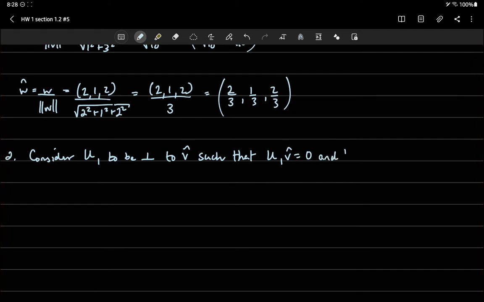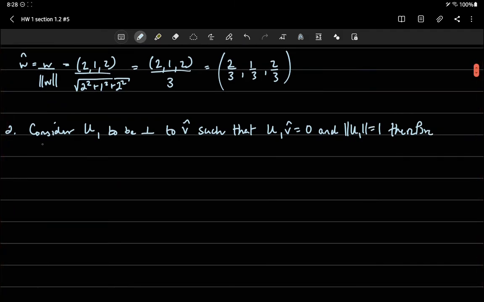And the length of u1 is 1, which also means that the length squared is just u times u, and that is 1, since 1 squared equals 1.